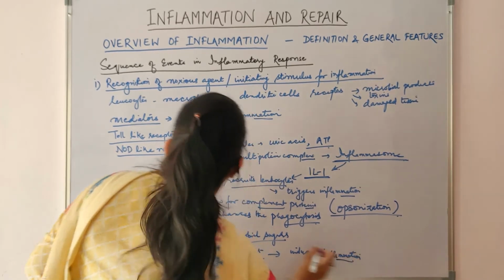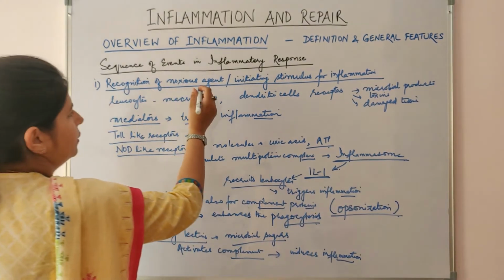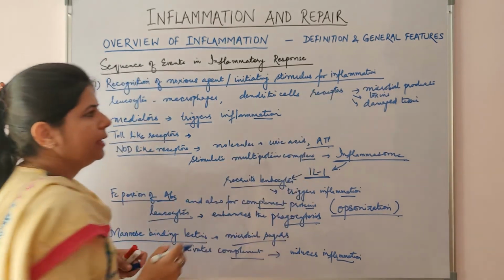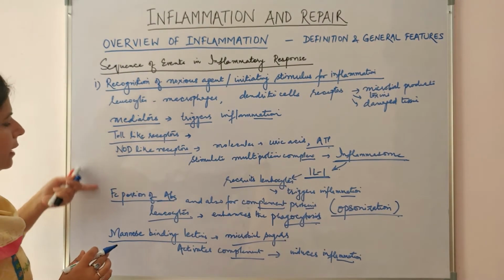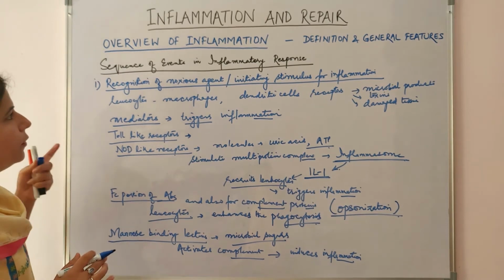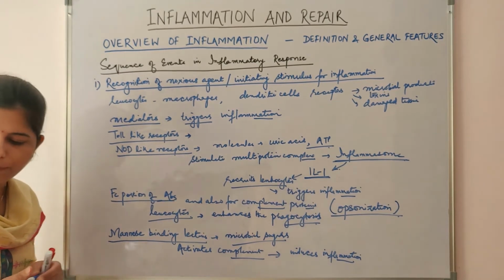So the first step is recognition of the noxious agent or the initiating stimulus for inflammation. These are all the mechanisms by which the leukocytes or other cells recognize the noxious agent.